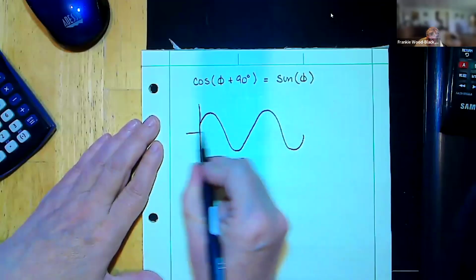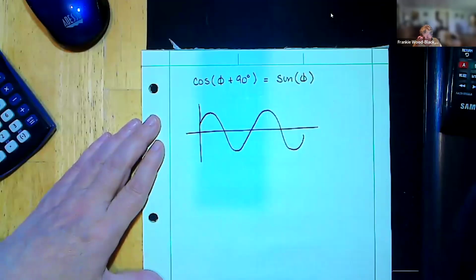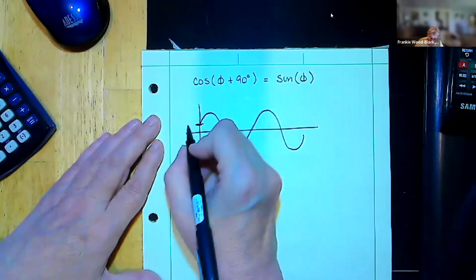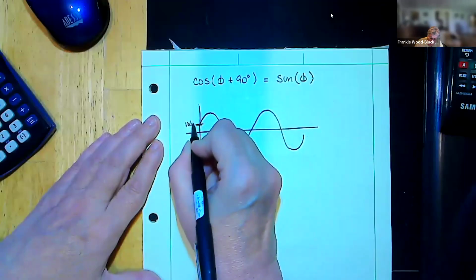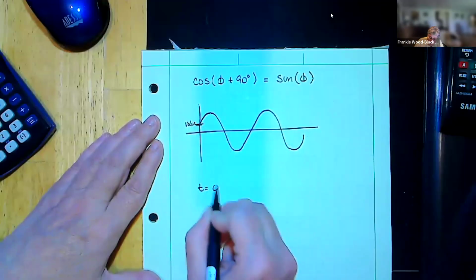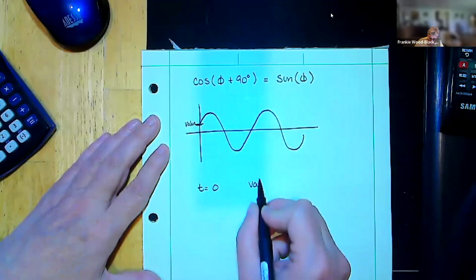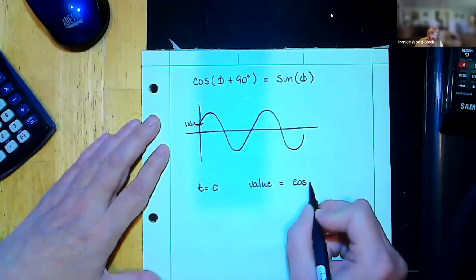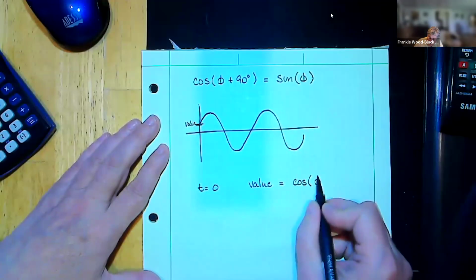This is just a reminder of how to work with sine and cosine. This right here, if I have this value, the value at 0, so at t is equal to 0, the value is going to equal cosine plus my phase angle.